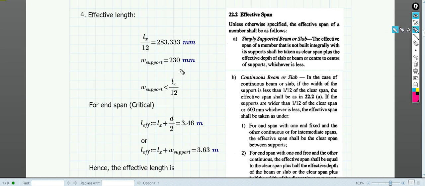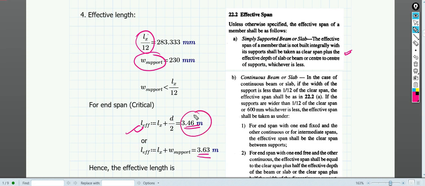As this condition is satisfied, that is, the support width is less than L by 12, we will be using this one. As per that, the clear span plus effective depth, or clear span plus half the support width, or the center to center support width. Then the effective length is Lx plus d by 2, which is 3.46 meter over here, or the width of the support, that is 3.63.